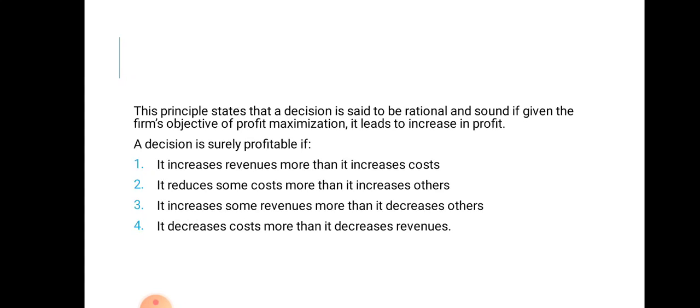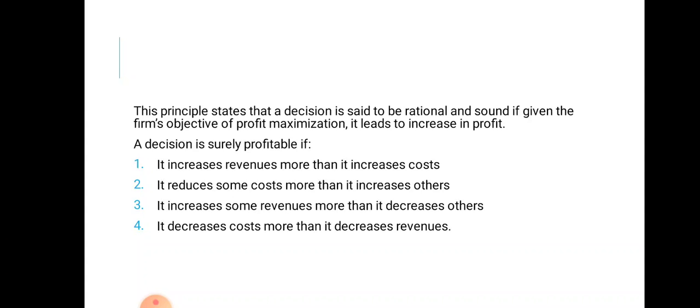Keeping in mind the profit maximization objective of the firm, if the decision taken contributes to an increase in profit, then it is considered to be a rational and sound decision. That is what this principle actually means.